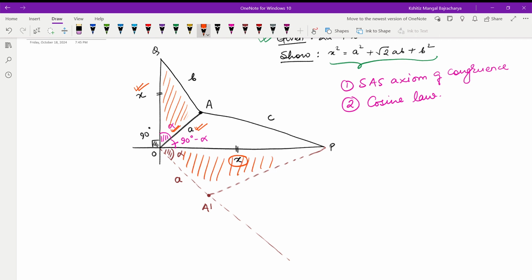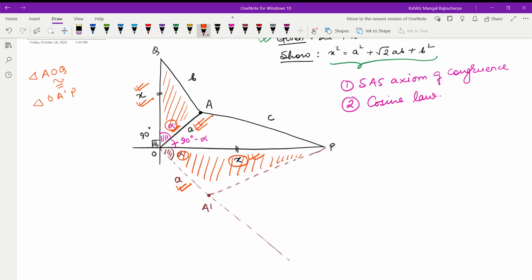The triangles AOQ and OA dash P are congruent because between the sides of length x and side of length a, we have an angle of alpha.